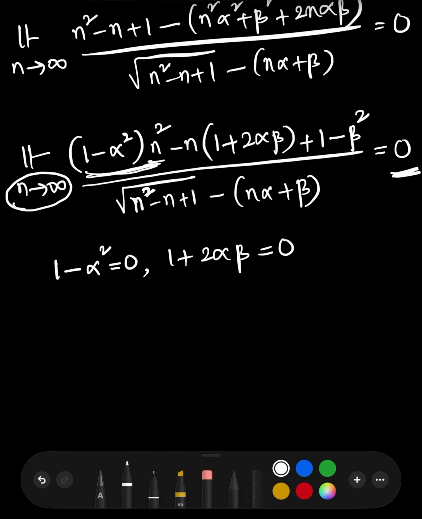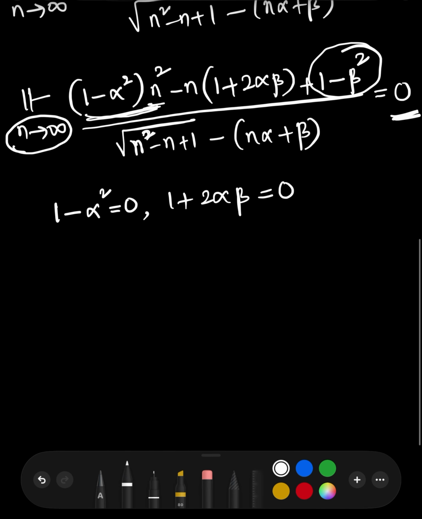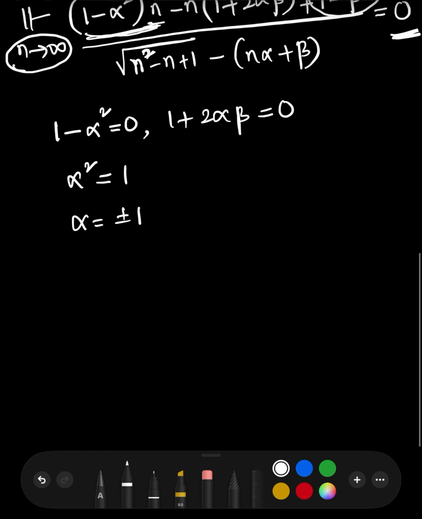Then there will be a constant, 1 minus beta square, of degree 0, and the denominator has degree 1, so obviously the answer will become 0. Solving this, alpha square equals 1, alpha equals plus or minus 1. As we already discussed, alpha is negative, so alpha equals minus 1.